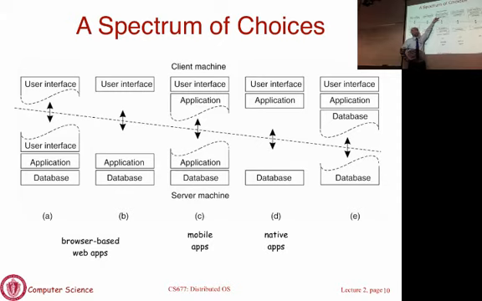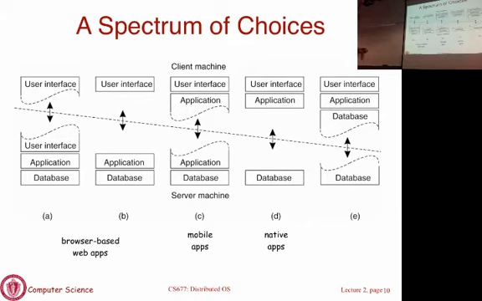Part of the application is on the client, part is on the server. The next progression is the user interface and the application are on the client, and only the database is on the server. And then the very last one is where part of the data is also on the client and part is on the server. So depending on what you are trying to accomplish, you can write your application and it may map onto any of those scenarios.